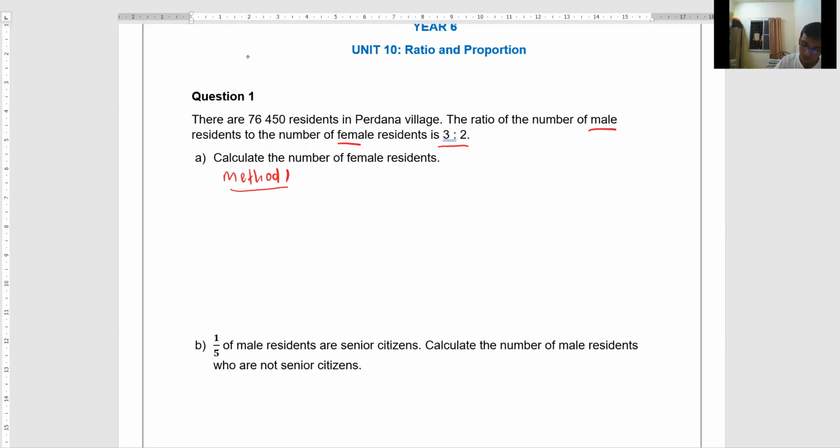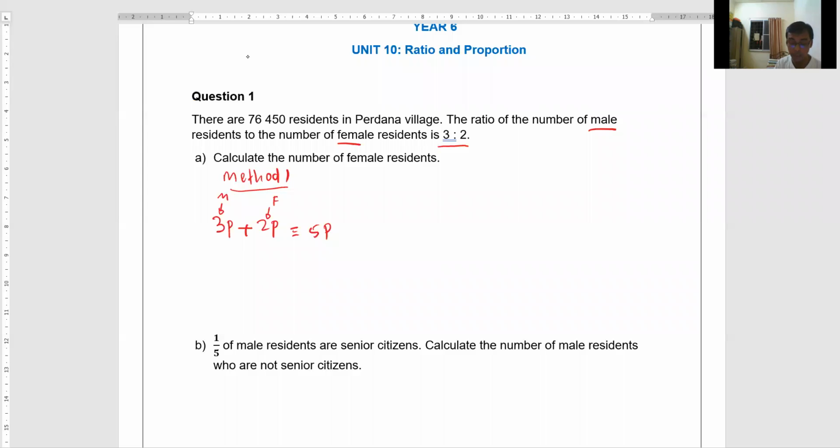So we take 3 as 3 parts, or 3 portions, 3p, plus 2p. So we have a total of 5 parts. We have to find how much one part or one portion is.